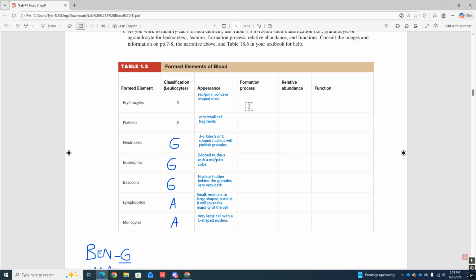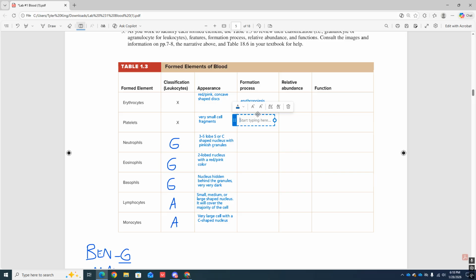All right, formation process, okay? Remember, all formed from hemopoietic stem cells. But if it's going to be a poiesis, for red blood cells we say erythropoiesis. That's the process there.